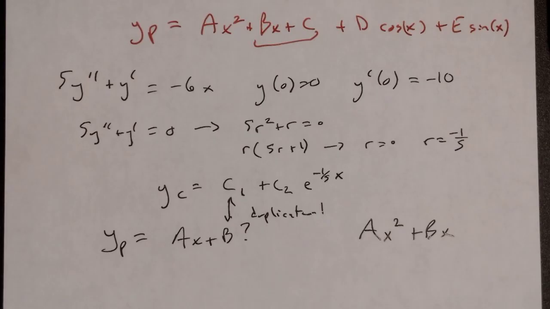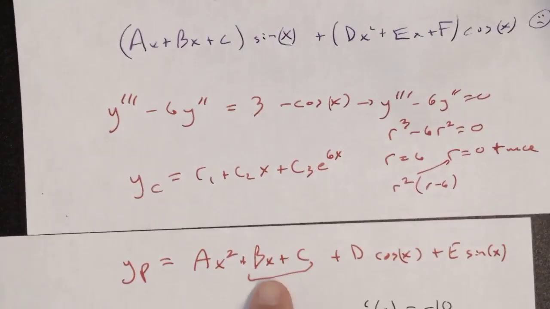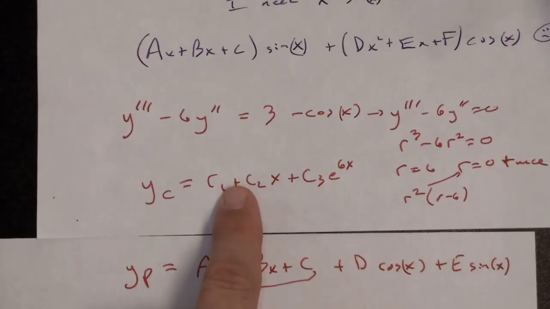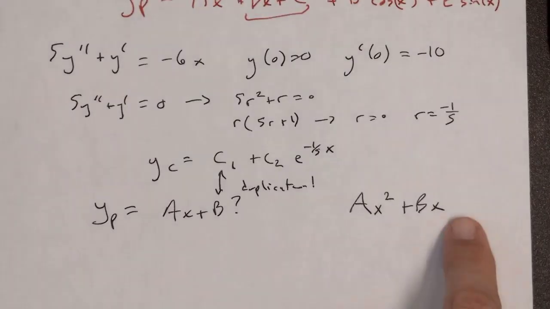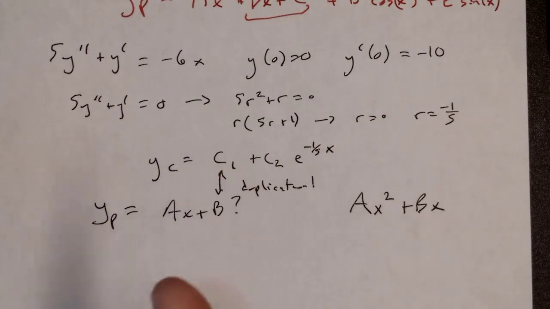I could also do plus c. But that plus c would get sucked up into the c1, wouldn't it? Just like I mentioned up there, the bx plus c would get sucked up because there was an x and a constant in the corresponding solution up there. So these two pieces would get sucked up into here. The plus c would get sucked up into there. I really don't need it. So I'm going to use this instead.